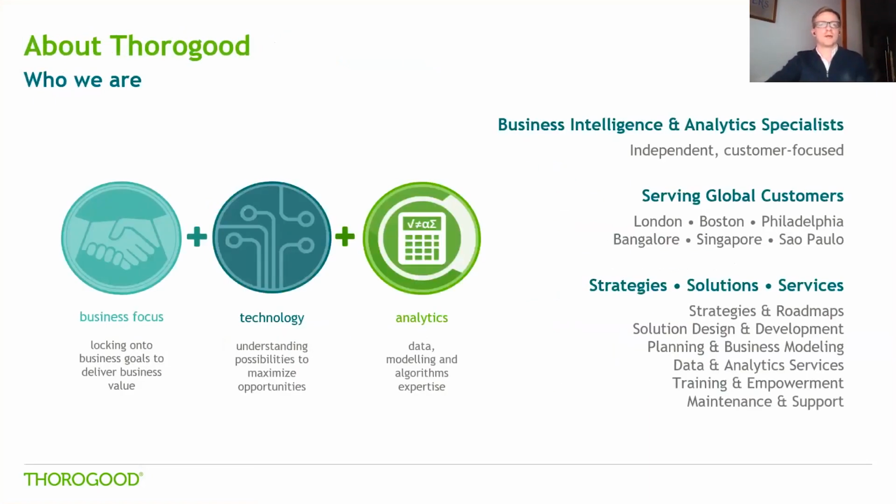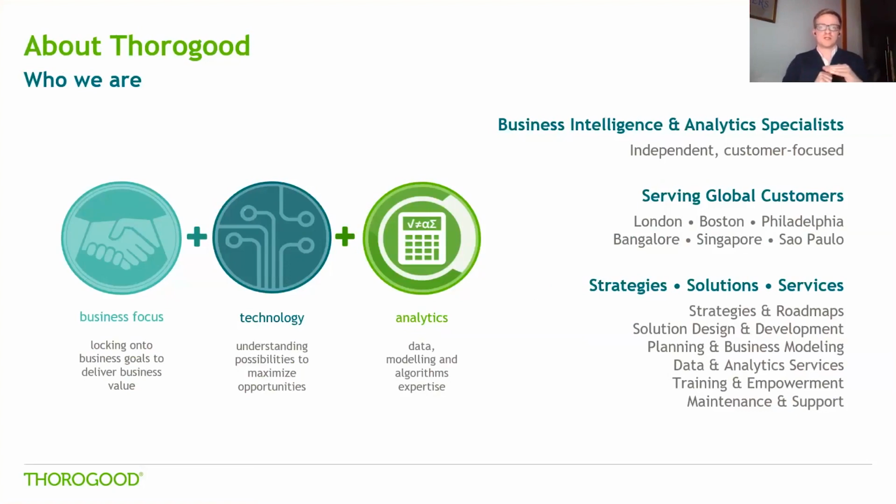About Thorogood, we're an independent company, business intelligence and analytics specialists. We are a technology company, but really we're a business consultancy which offers technological solutions. We serve global customers through our headquarters in London, but also all of our offices elsewhere in the world, from Philadelphia to Singapore, Sao Paulo, and Bangalore as well. Primarily, we're offering solution design and development, but there are a lot of different aspects around data and analytics that we offer as well.